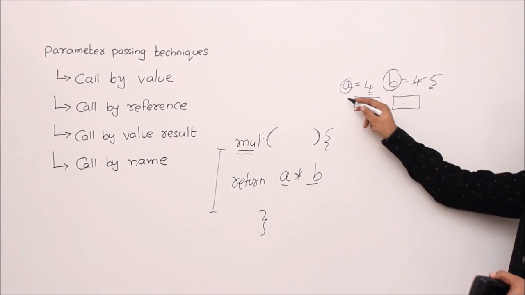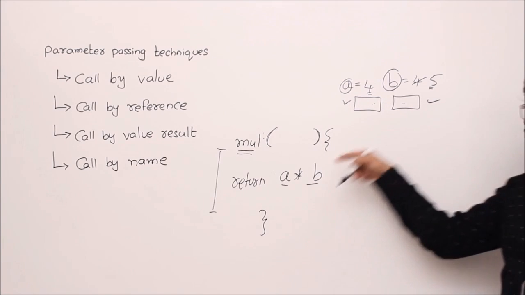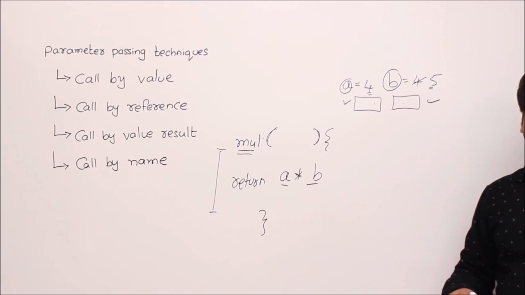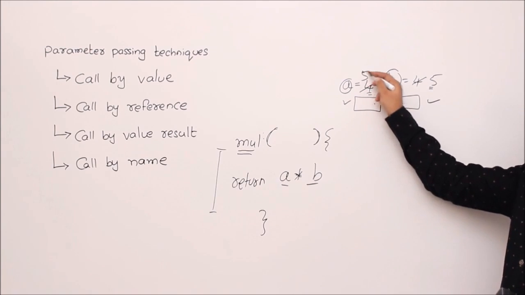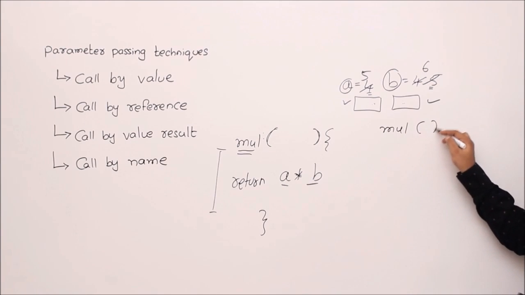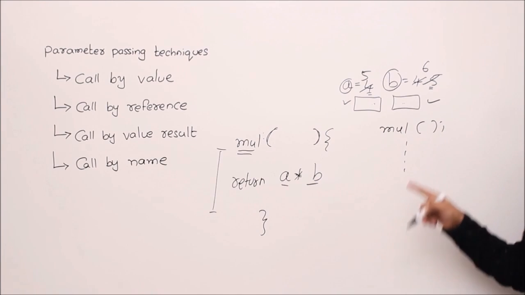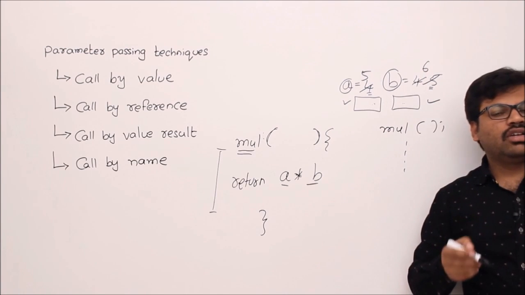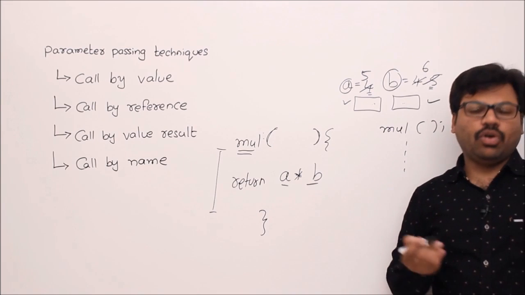That's why let's dedicate two global variables for multiplication. Okay, then it will work. Now if you want to multiply 5, 6, then you change a value to 5, b value to 6 and simply call multiplication. Before that, definitely you have to change the values. That will be fine, still it will be okay, right?